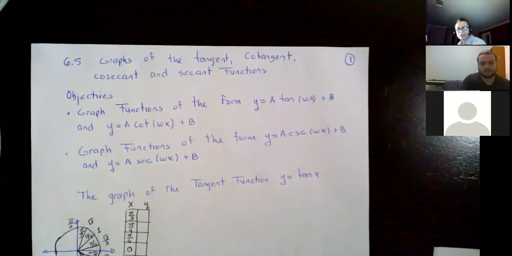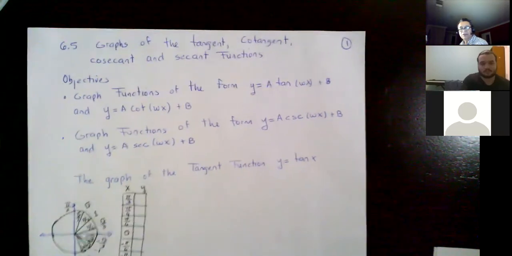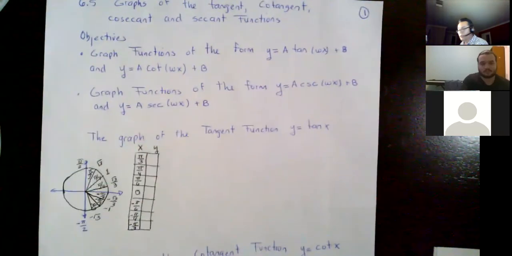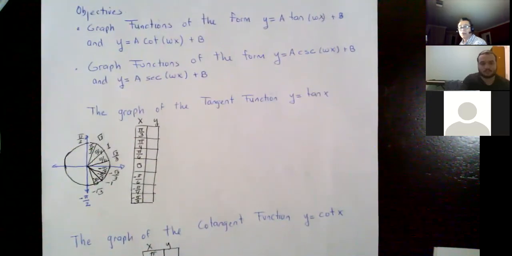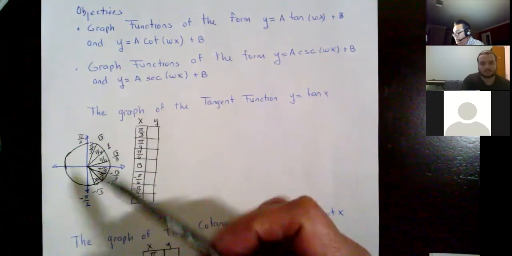I want you to remember in 6.3 that we covered the domain and the range of each. All right, so we're going to start graphing the tangent function. If you remember the domain of the tangent function, I have the unit circle here, right?